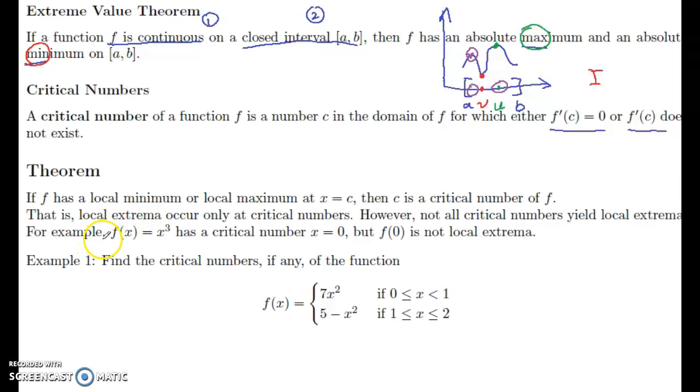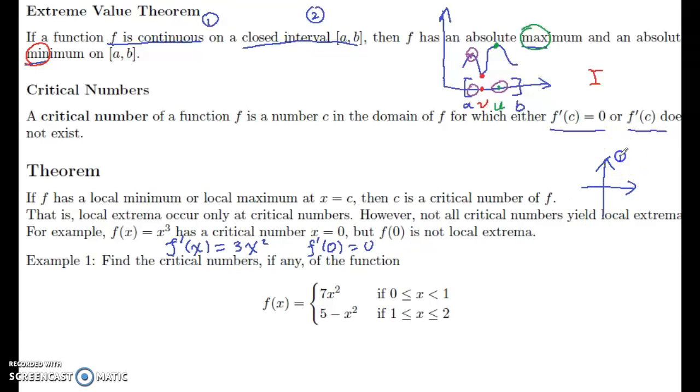Take a look at this counterexample. f of x equals x cubed. It has a critical number, x equals 0. Why? Because f prime of x equals 3x squared, and when x equals 0, f prime of 0 equals 0. So 0 is a critical number, but 0 doesn't give us a maximum or minimum because f of 0 is neither.